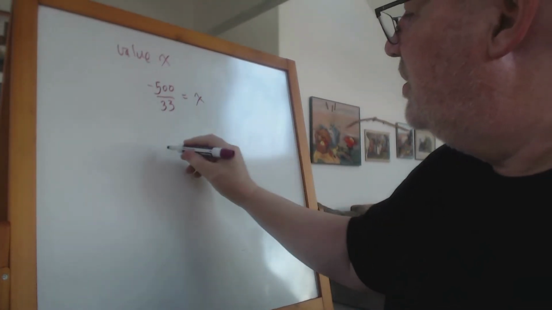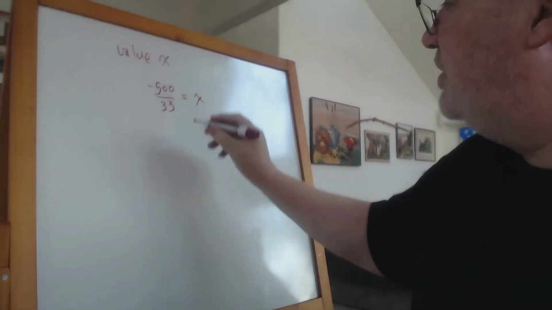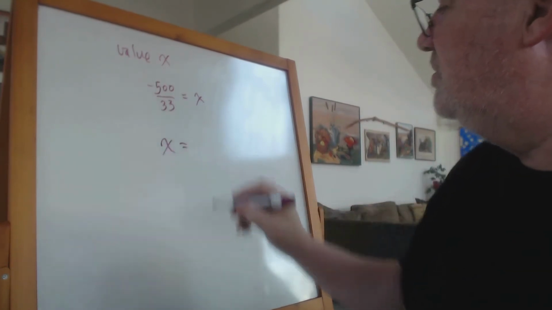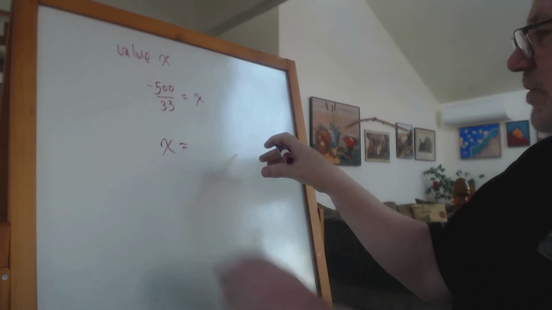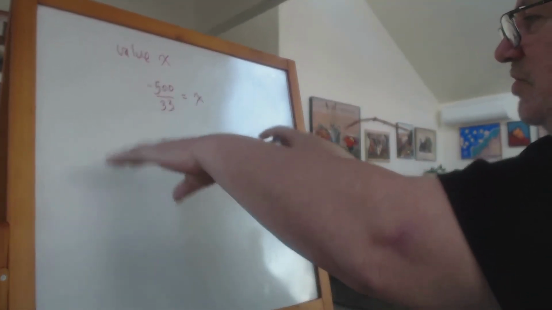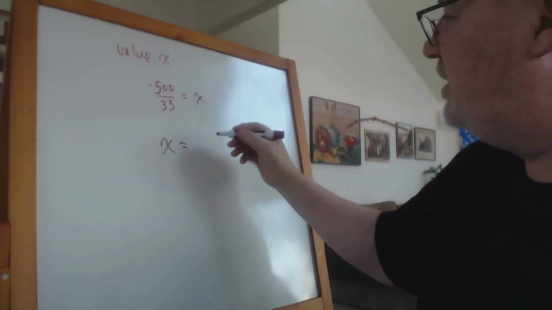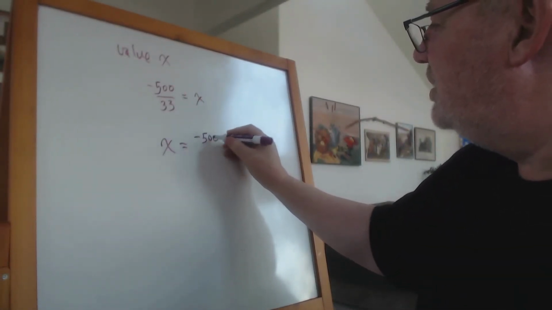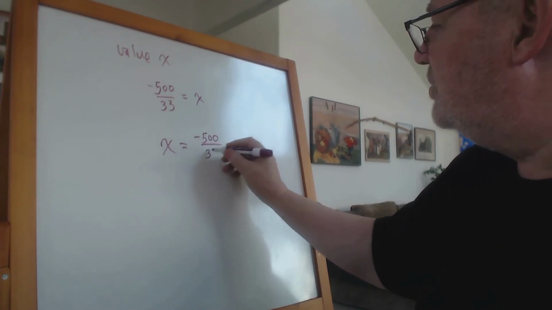So we can just swap things around as long as the equation balances. It's like if we took the lump from here and put it over there, as long as they weigh the same, the balance doesn't change. So minus 500 over 33.